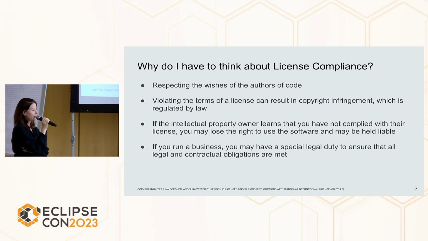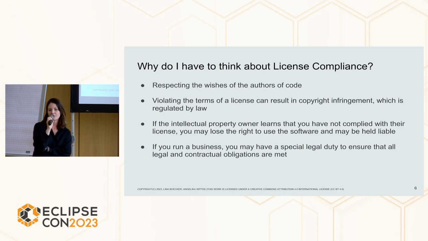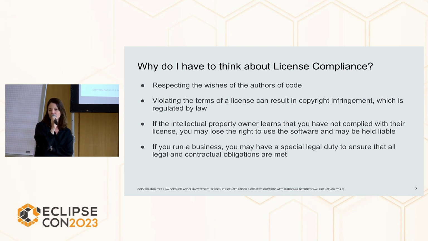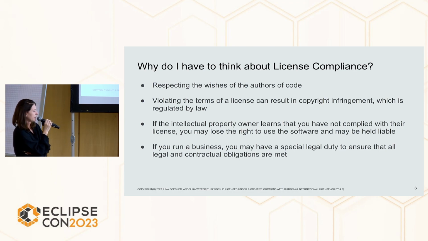Well, first of all, because the author of the code gave it some thought, which license he wants to put on his code, or hopefully he did give it some thought. And he wants you to comply with certain requirements if you use his code. That's the first. You respect the wishes of the author. And then, since copyright law is a law, infringements turn to claims against you: damage claims, cease and desist claims, or even criminal claims.